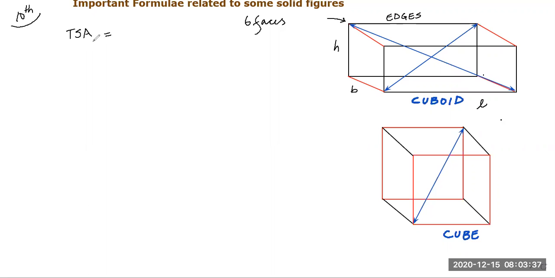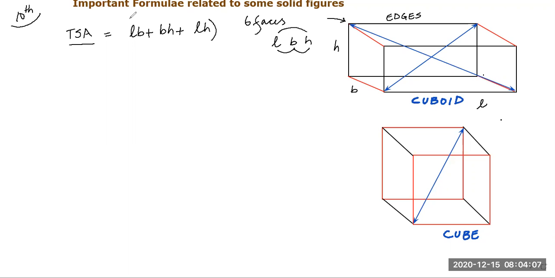So total surface area is the surface area of all the six faces, right? How do we write it? Just write down length, breadth, height. Multiply length into breadth, LB, plus B into H, that is BH, plus L into H, so LH.